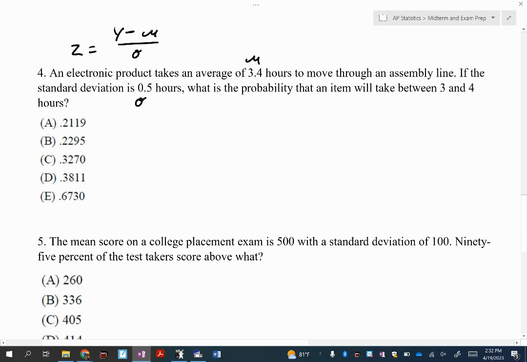All right, so let's do it for the first one. 3 minus 3.4 over 0.5. And the other one is 4 minus 3.4 over 0.5. Let's get those two z-scores.